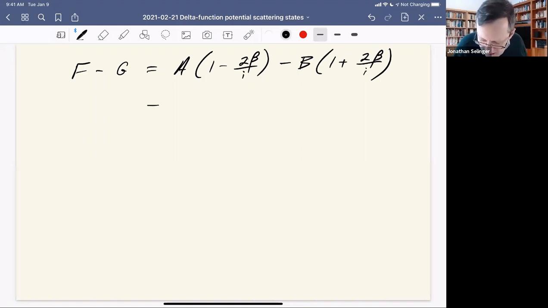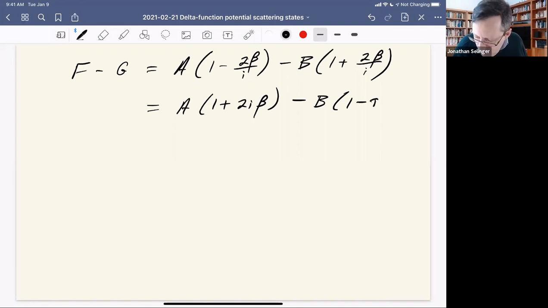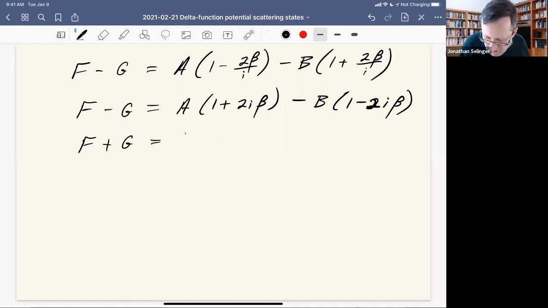Or if I want to put the i's in the numerator, it'll look nicer: 1 plus 2i beta, minus B times 1 minus 2i beta. Okay, that actually comes out to be the same as what was in my notes. Huh, it's a miracle. F minus G is that. And F plus G is A plus B.